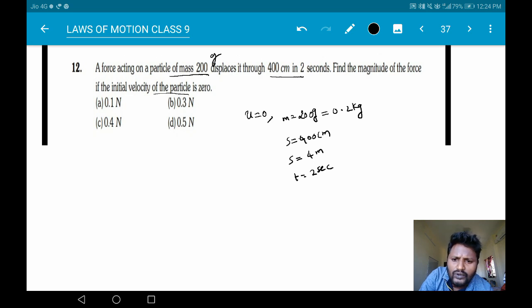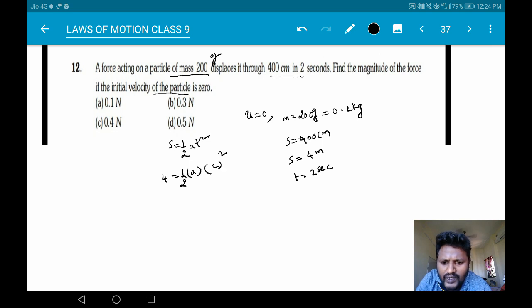So how to solve this? If initial velocity is 0, can I use s equals half a t square to find its acceleration? So 4 equals 1 by 2 a into t square. T square is nothing but 2 square.